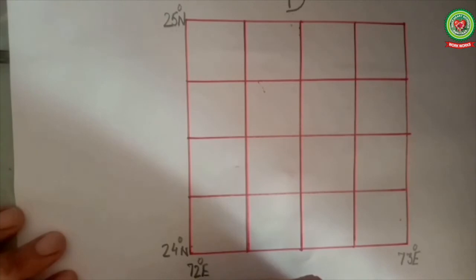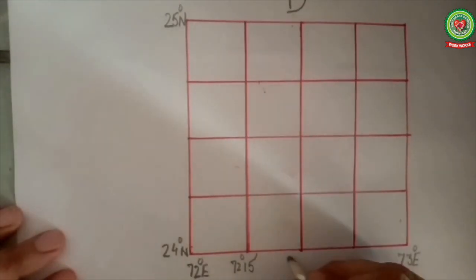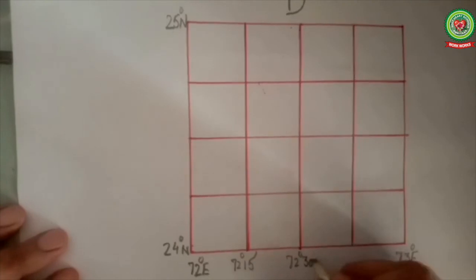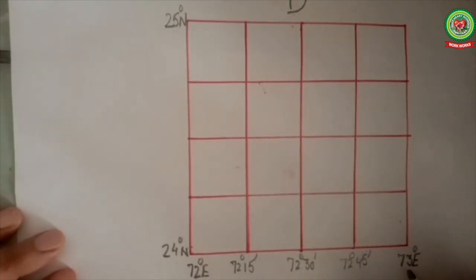So 72 degree east, 72 degree 15 minutes, 72 degree 30 minutes east, 72 degree 45 minutes east, and finally 73 degree east or 72 degree 60 minutes east longitudes.